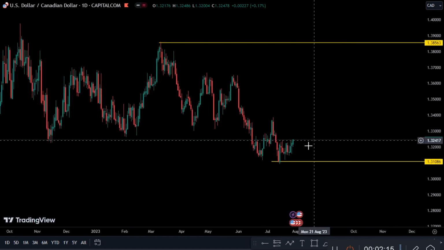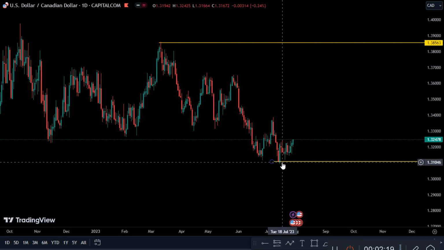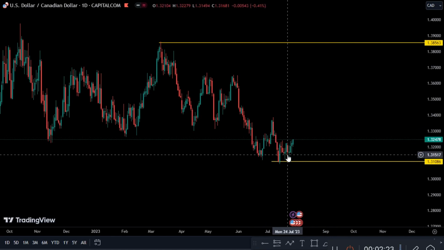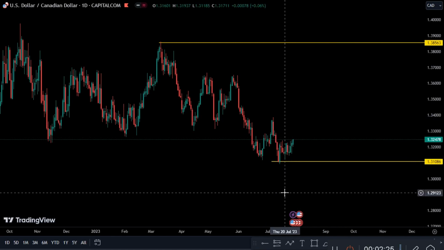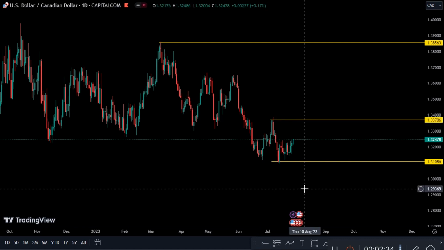Okay, and then we see that this market is coming from this support structure, and we are gaining some bullish momentum towards the upside. So where is the next significant level in which the market can react to? And then this would be that level right here.